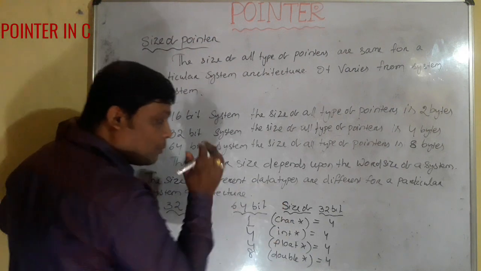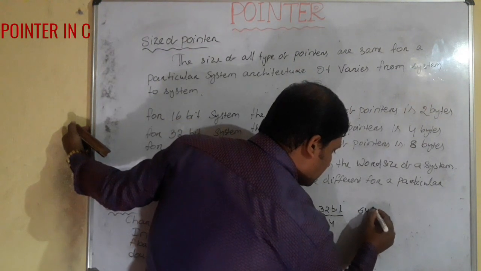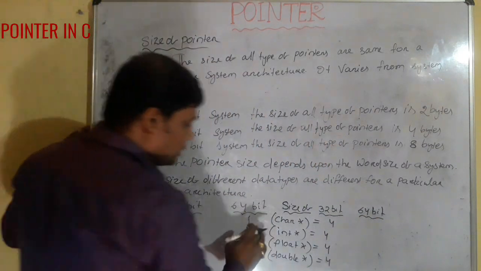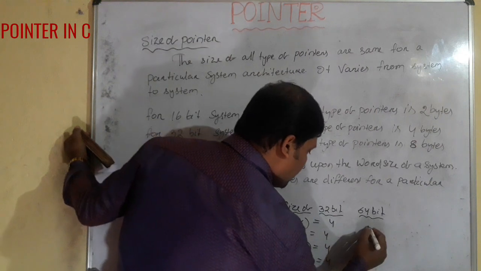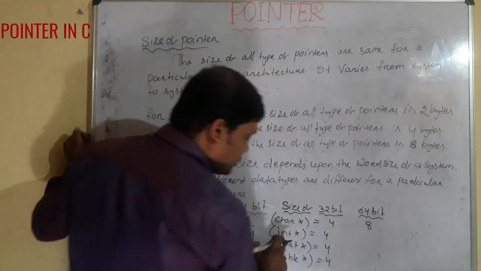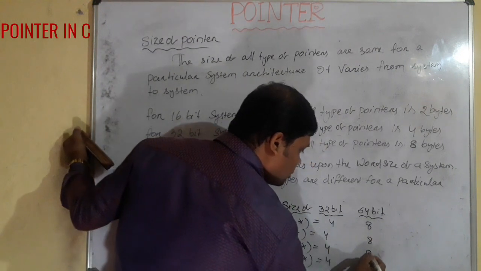If 64-bit, what will be the pointer size? For 64-bit, it is 8 for character pointer. For integer pointer, it is also 8. For float pointer, it is also 8.